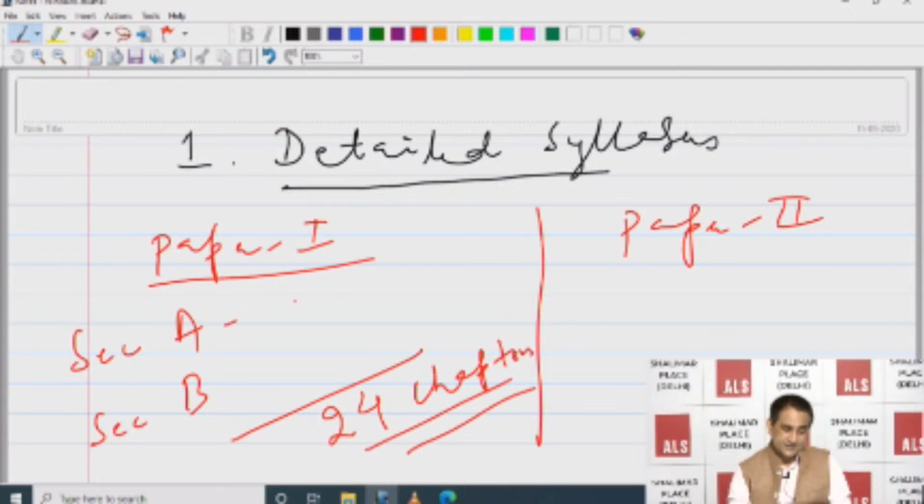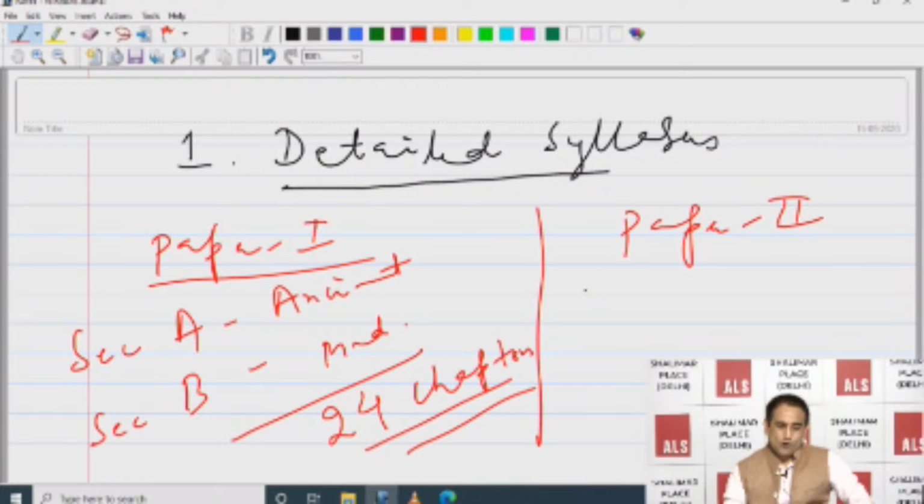Section A is ancient India, section B is medieval India, and in paper 1 you have 24 topics listed in your syllabus.